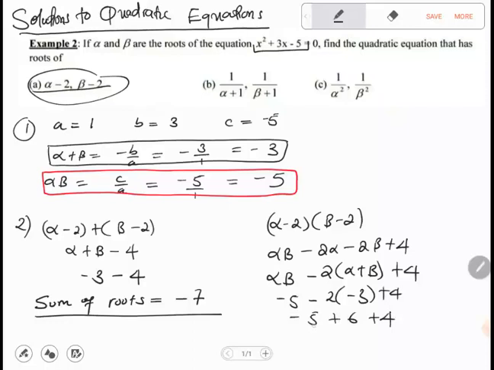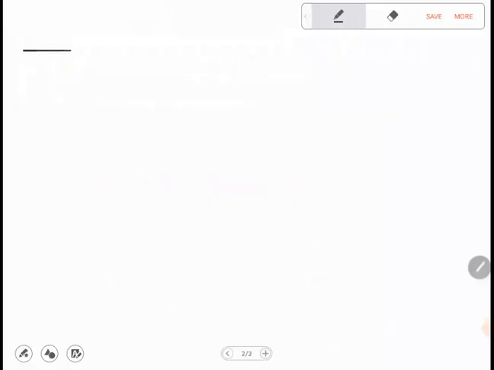This is 1 plus 4, which just gives us 5. Therefore, the product of roots is just equal to 5.